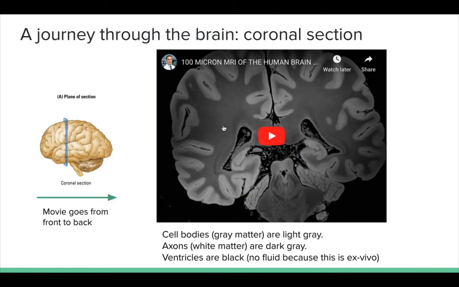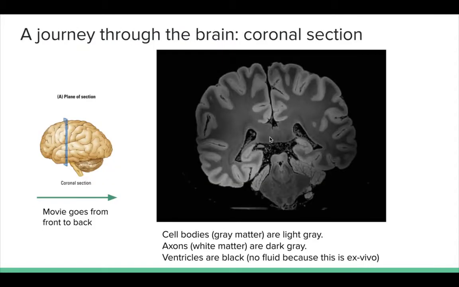This was taken from an ex vivo specimen, so this is a brain that was taken out, that was preserved, and was scanned at high resolution with an MRI. There's no fluid in these ventricles, so they're not going to show up bright white. Just don't want that to throw you.